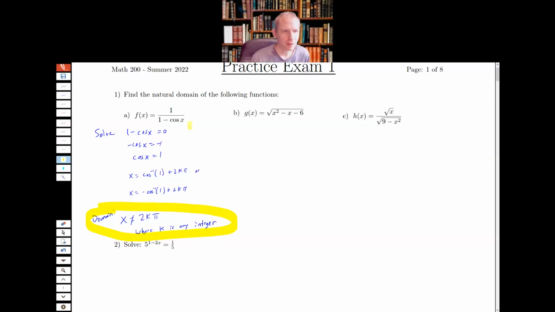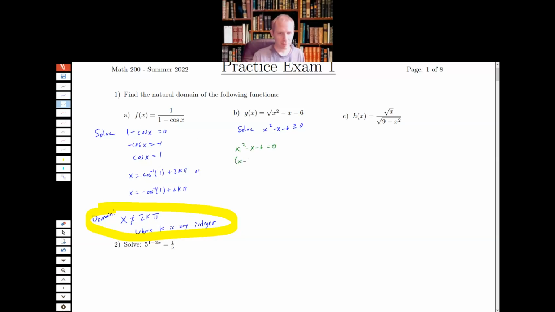For part B, I want to know where the inside of the square root is greater than or equal to 0. Okay, this one's a little bit more complicated because it's a quadratic. What I'm going to do is I'm first going to solve and find out where is x squared minus x minus 6 equal to 0.